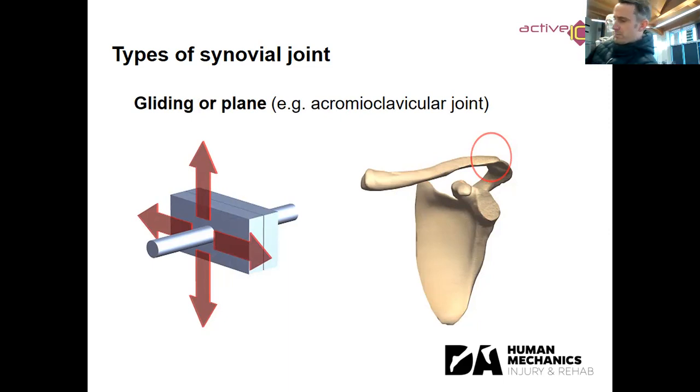So, prime example is the AC joint, the acromion and the clavicle. They're coming together here. If you're ever asked for additional examples, then carpals, tarsals, so hands and feet, where we get these cuboid shaped bones and they move across each other, glide and sliding.